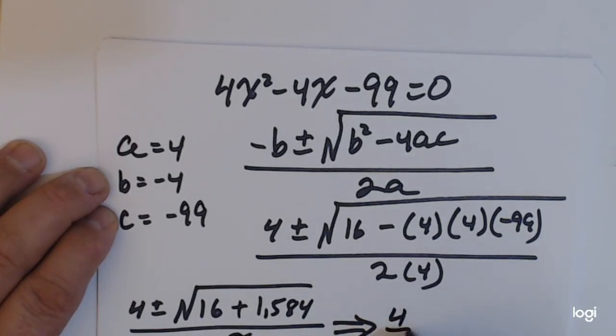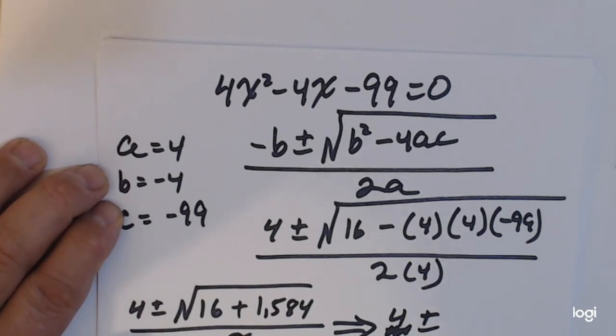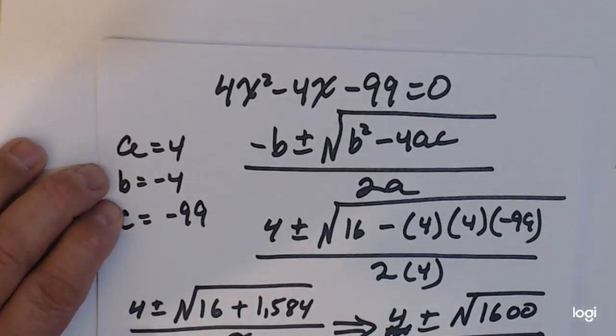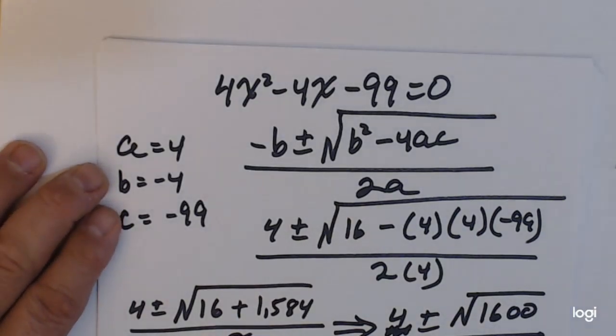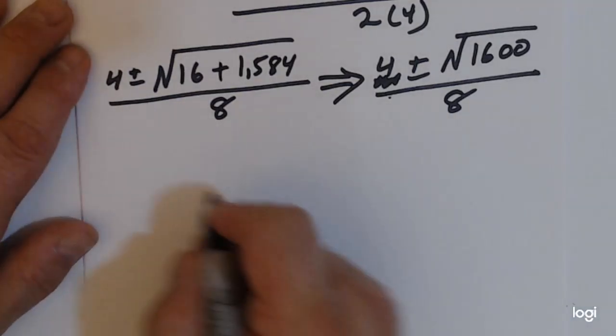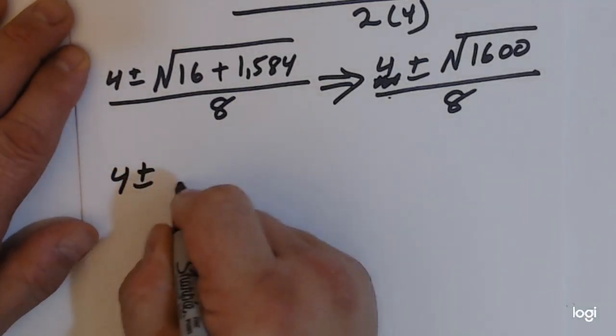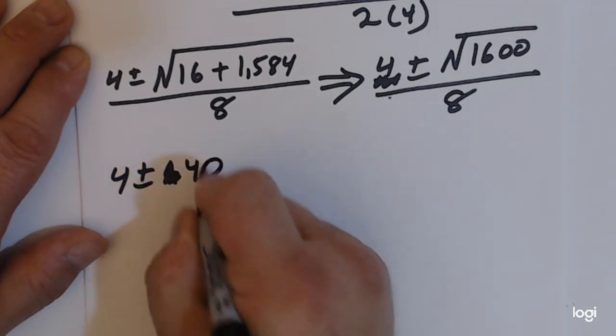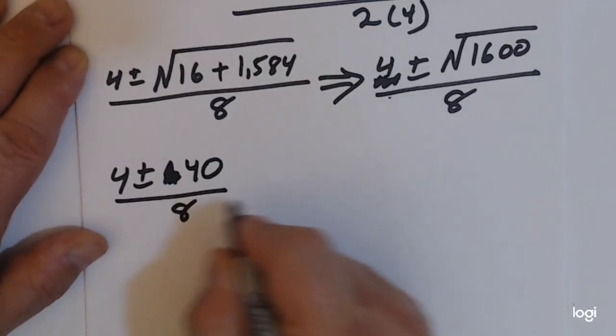Which is going to give us 4 plus or minus the square root of 1,600, which is quite easy, over 8. Well, the square root of 1,600 is 40. So we have 4 plus or minus 40 all over 8.